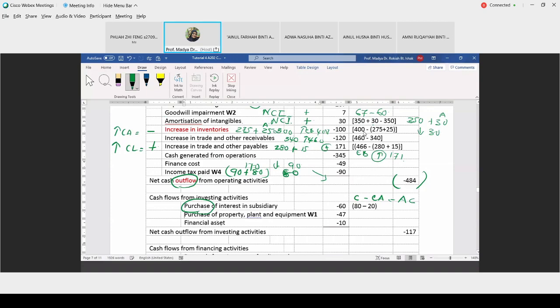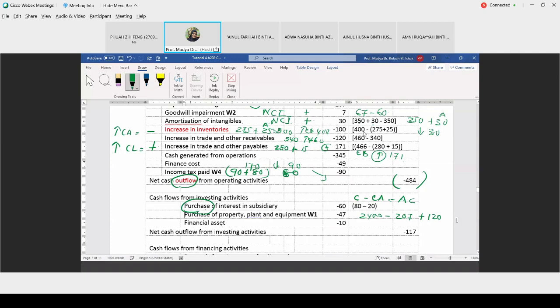For the PPE, the beginning balance you have is 2,400, and then minus your depreciation here. The amount of depreciation that we have is 207. Minus depreciation 207, and then plus the one that you acquired here, 120.